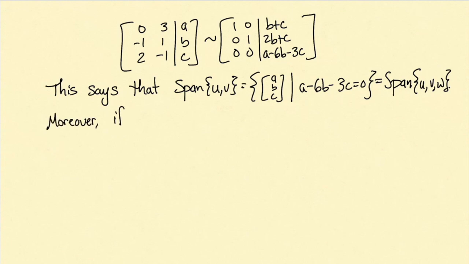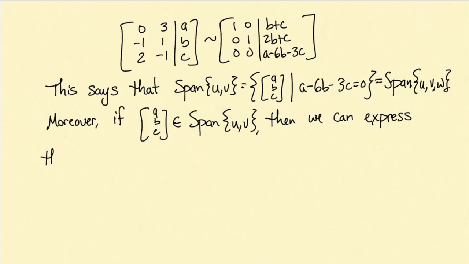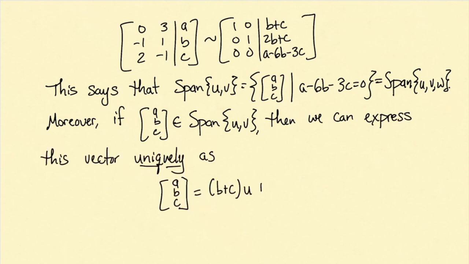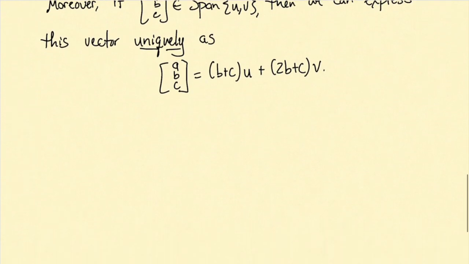And what's more, we can see from this reduced row echelon form that the representation of any vector as a linear combination of u and v is necessarily unique. Now, if we return to thinking about the vector w, we can think about w as being an element of the span of u and v.